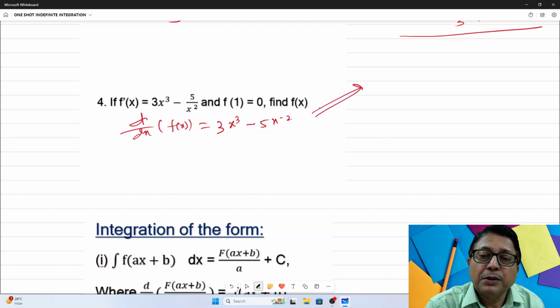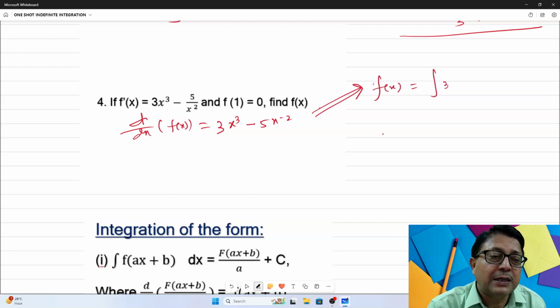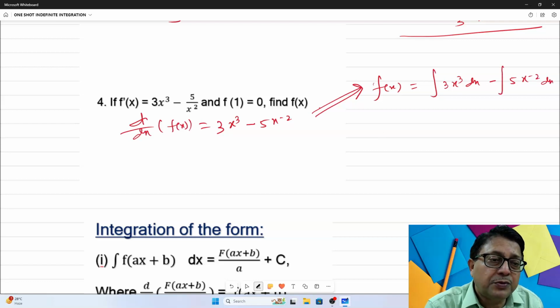Now this f(x), if you write, then you are integrating both sides. It will be integral of 3x cube dx minus 5 x to the power minus 2 dx. This is x to the power 4 by 4 minus x to the power minus 2 plus 1 by minus 2 plus 1 plus c.